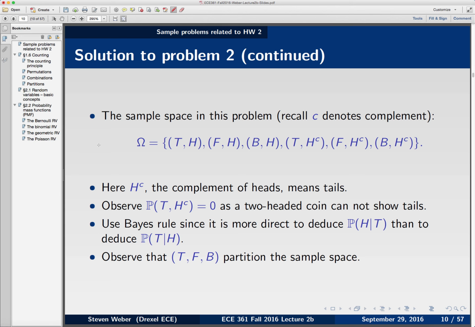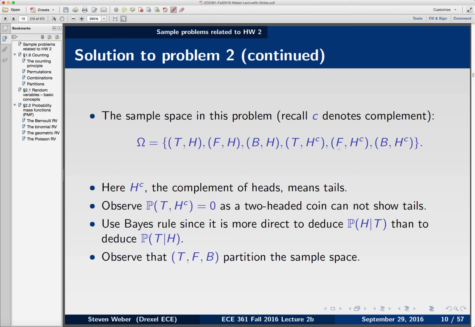Let's clarify, to make sure we're on the same page, what the sample space is in this problem. Recall that I use a superscript C to denote the complement of an event. There are 6 outcomes in this sample space. TH means two-headed coin and heads. FH means fair coin and heads. BH means biased coin and heads. T and H^C means two-headed coin and tails, because the complement of heads is tails.